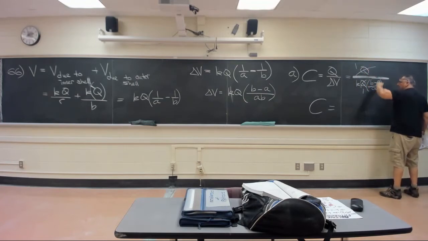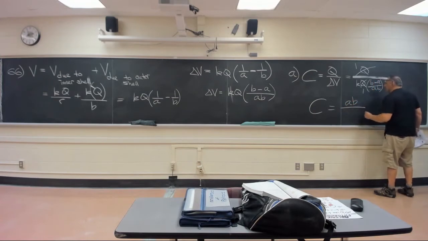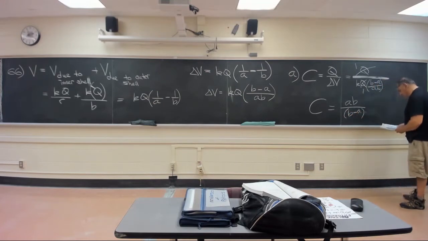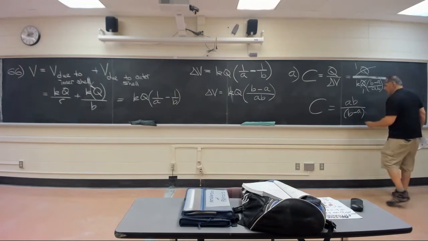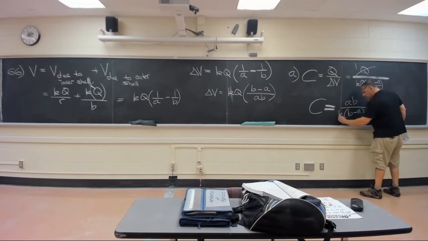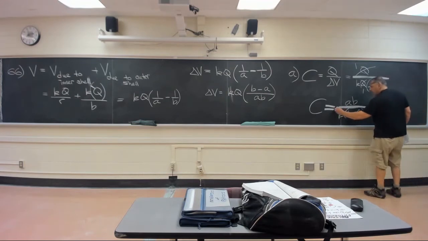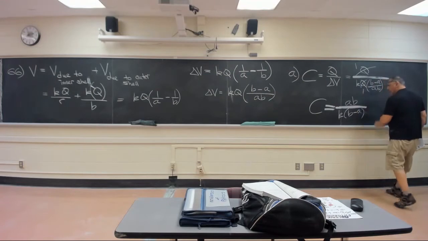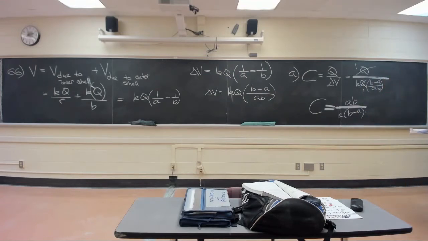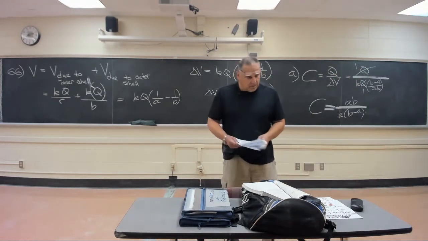The Q's cancel. The AB goes up top. There had to be a K here. Yeah, there was. I'm sorry. And there you go, guys. That is the capacitance of that spherical capacitor.